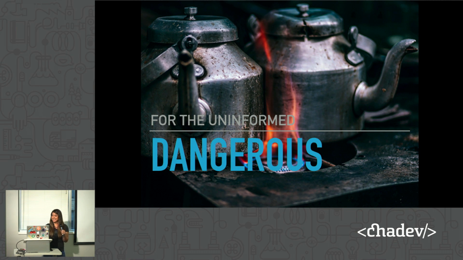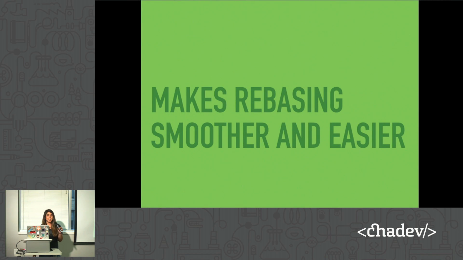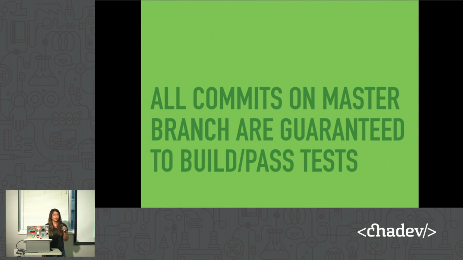So what's in it for you? It makes rebasing smoother, like we saw. Again, you only have to deal with one commit ever to deal with merge conflicts. This guarantees, or it should guarantee, that all your commits on master build and pass your tests. So remember, at the end before you squash, everything builds and passes your tests, and this should guarantee that each commit does that.